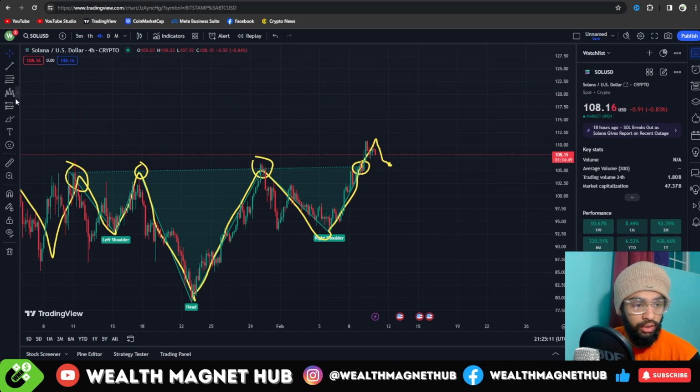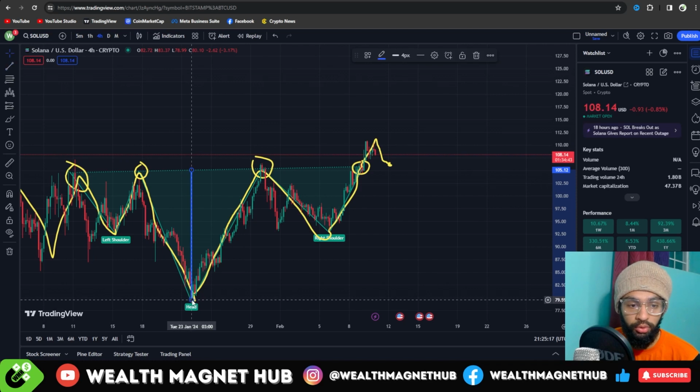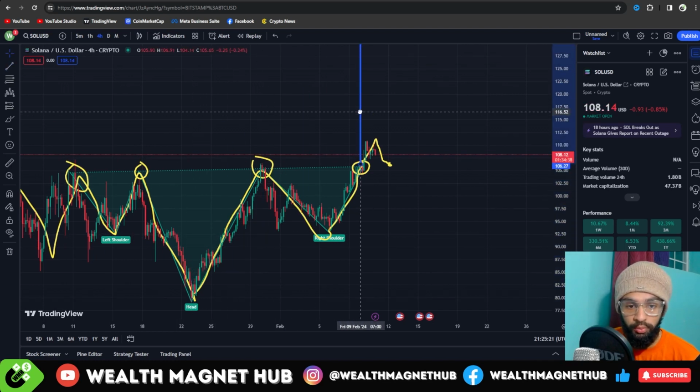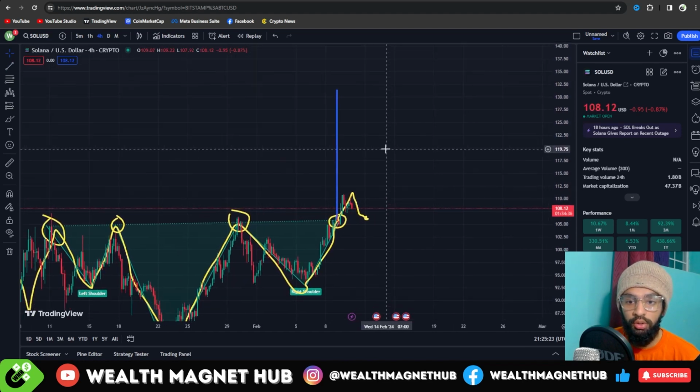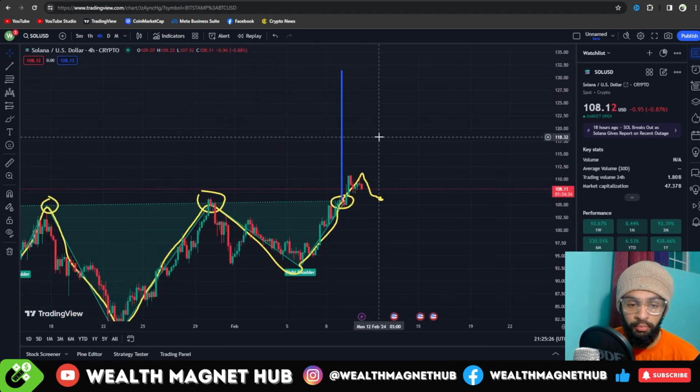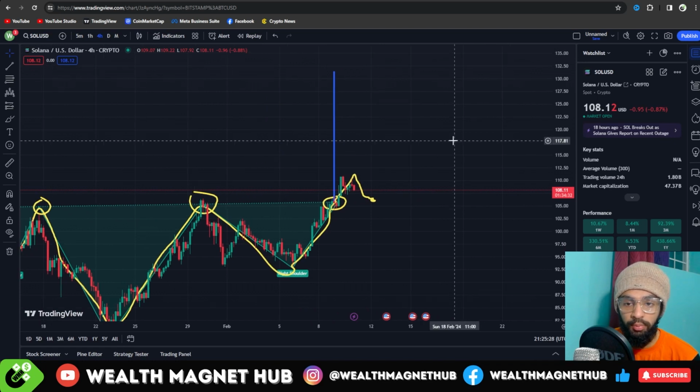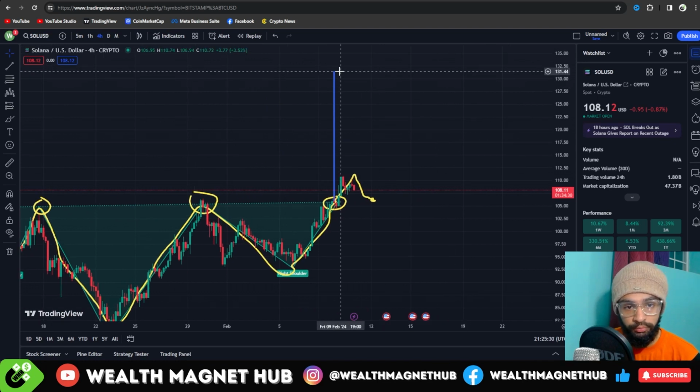Let's take a look. Let's take the line tool and draw from here to the head initially, and let's drag this over to where we saw the breakout. This will initially set our price target for the upcoming times of our bullish journey and our bullish breakout.